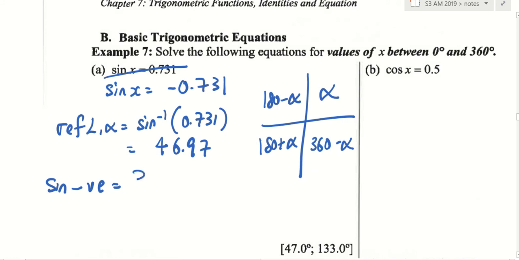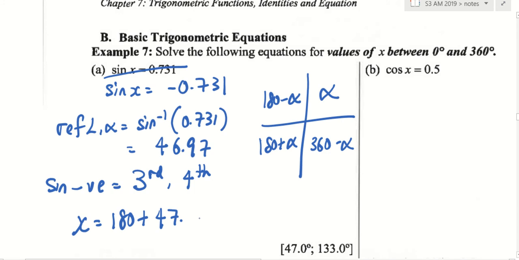So now I'm ready to do the last step. Third quadrant means I will take 180 plus reference angle. Yes, can go already. Then 360 minus, yes, can do it. Therefore, I will have 2.